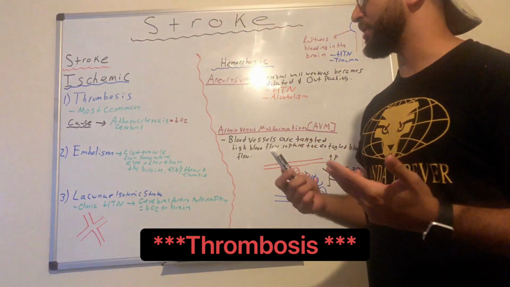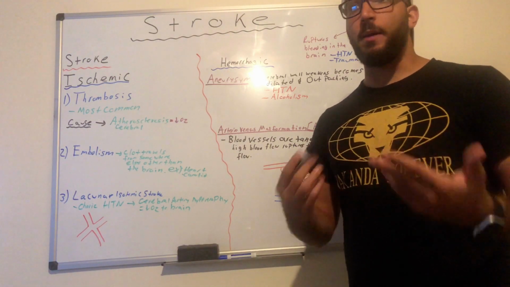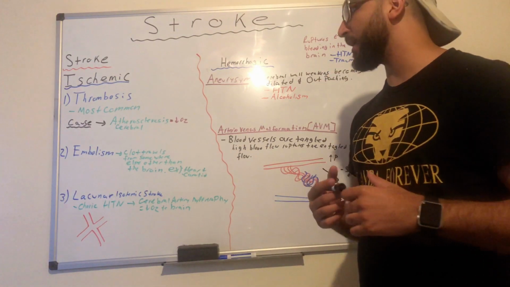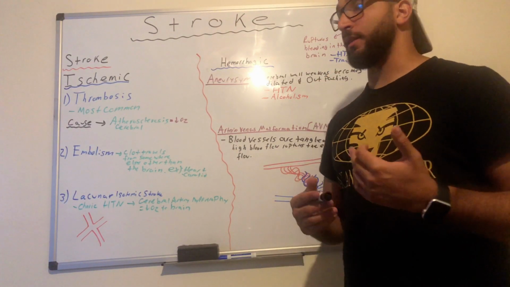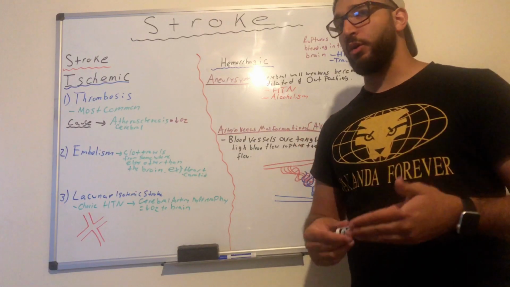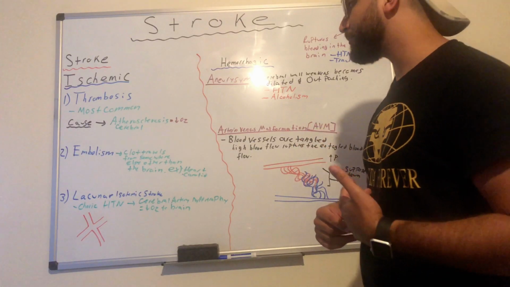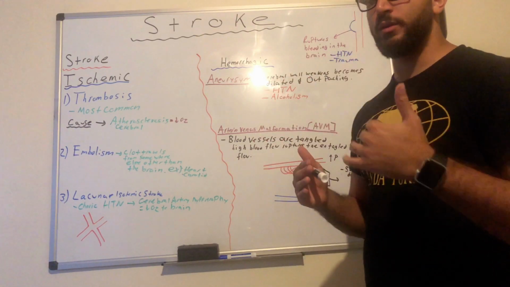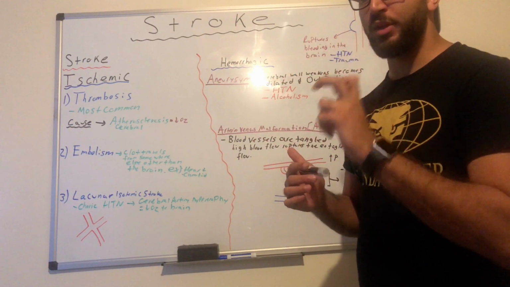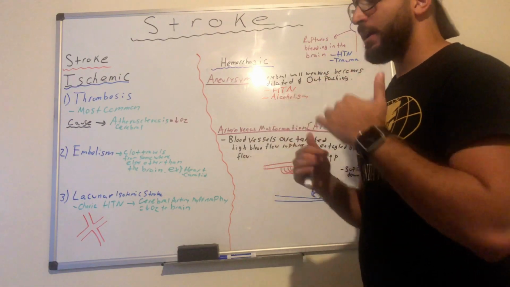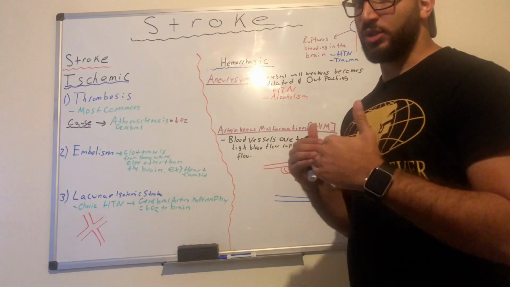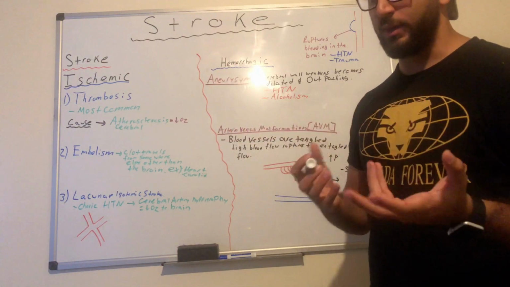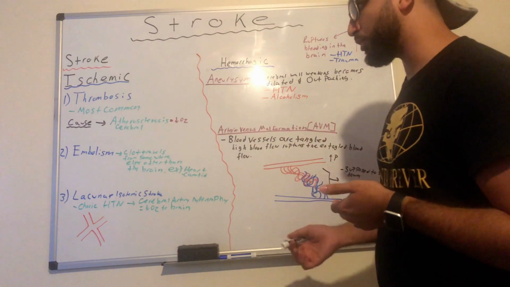With a thrombus formation, typically the most common cause is the buildup of atherosclerotic plaque, whether in the carotid arteries or the cerebral arteries. Since there's a buildup of that plaque within the arteries, there's not going to be enough oxygenated supply going to the brain. That results in an ischemic stroke.